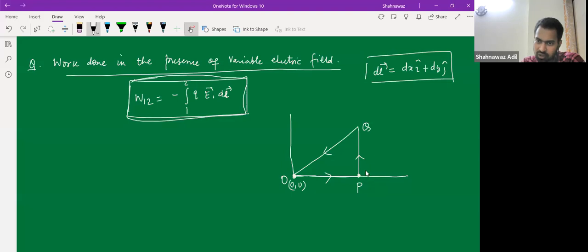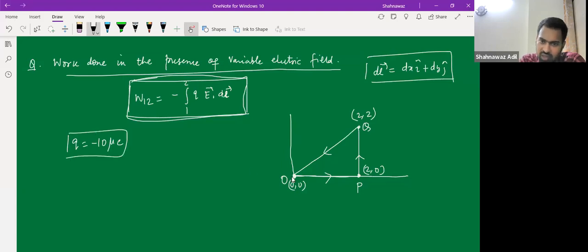This point is 2,0, and this point is let's say 2,2. So the charge that we have to bring, let's say I am moving a charge q, which is minus 10 microcoulomb.